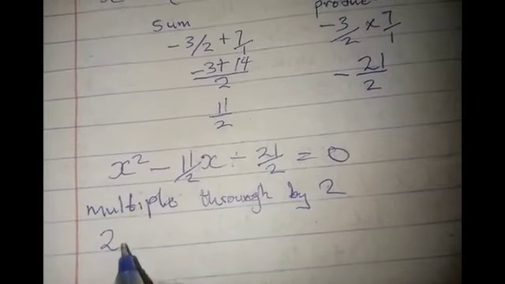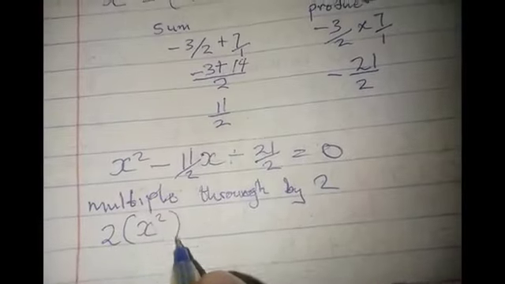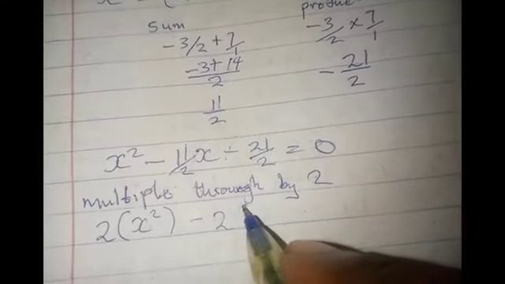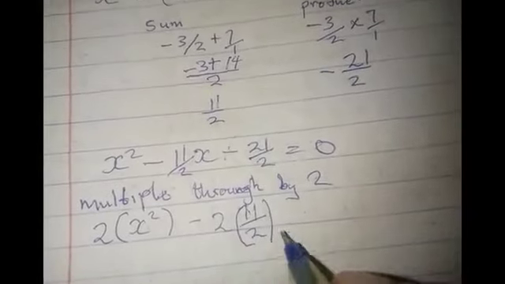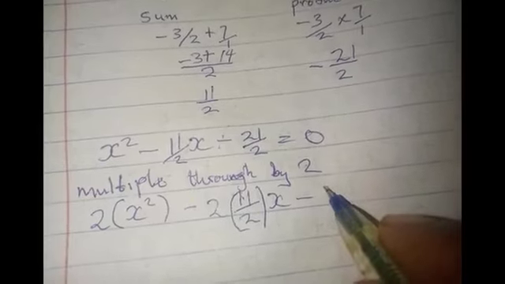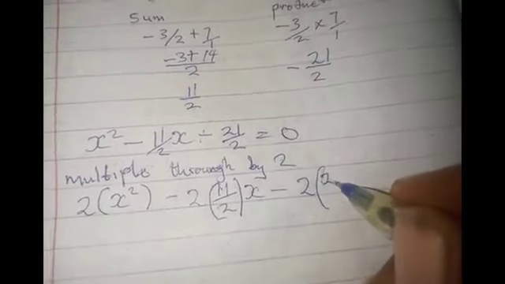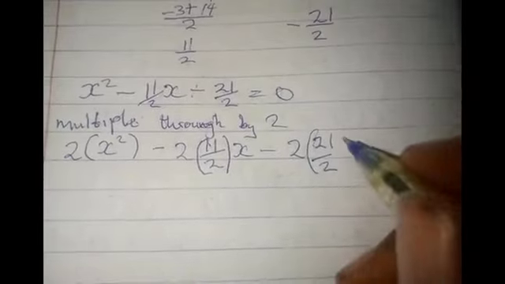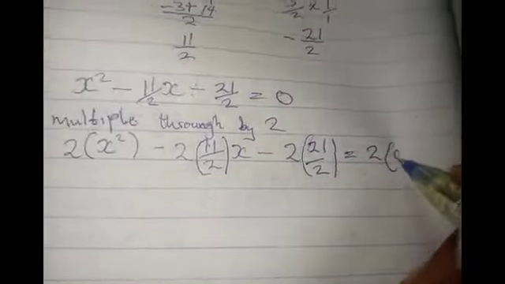So we say 2 multiplied by x squared, close the bracket, minus 2 multiplied by 11 over 2 x, then a minus sign again, then 2 multiplied by 21 over 2, close the bracket, equal to 2 multiplied by 0.